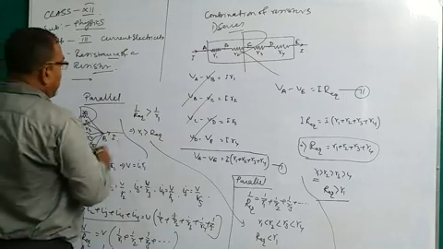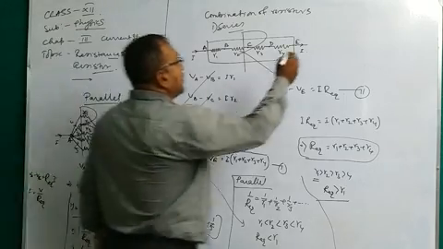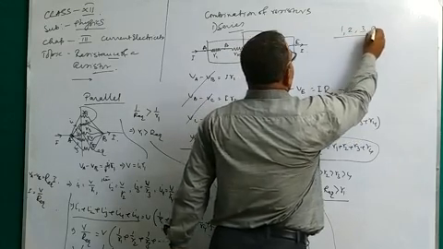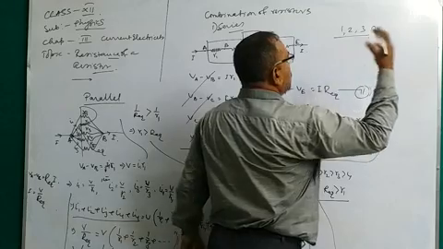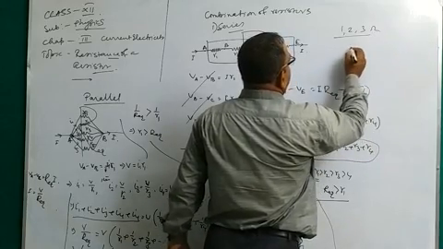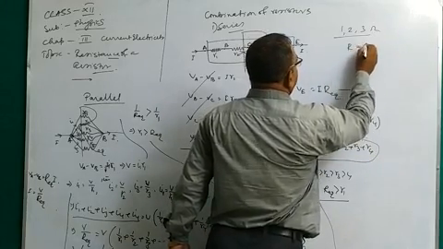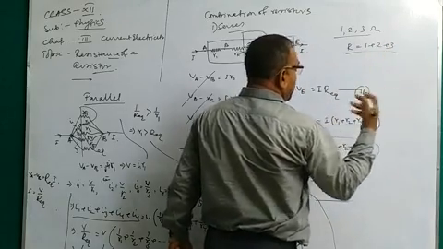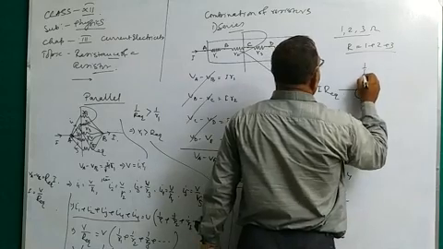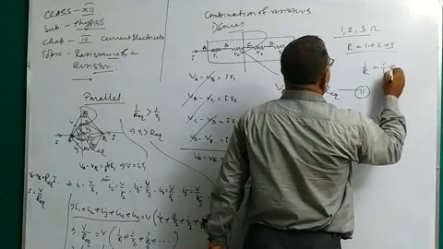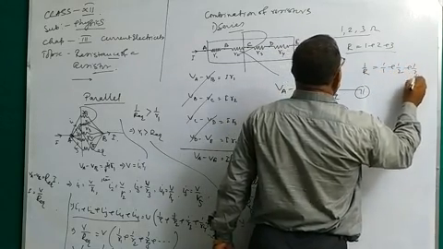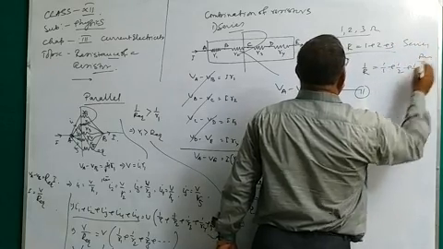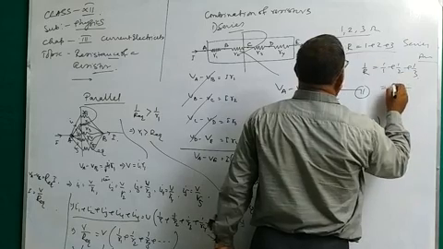If you see it, 1, 2 and 3 ohm resistors are there. If you want a larger resistance, then you add them in series. Or if you want to find a lower resistance, then you connect them in parallel: 1 by 1 plus 1 by 2 plus 1 by 3. That means series and parallel. You check it. What will be its value?